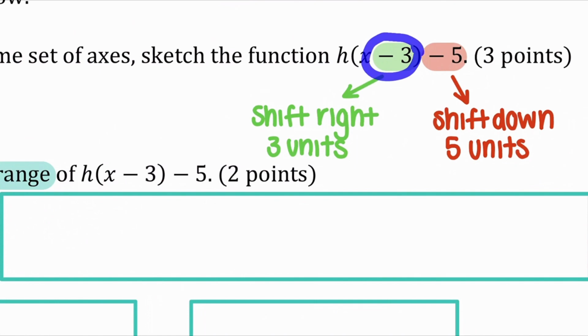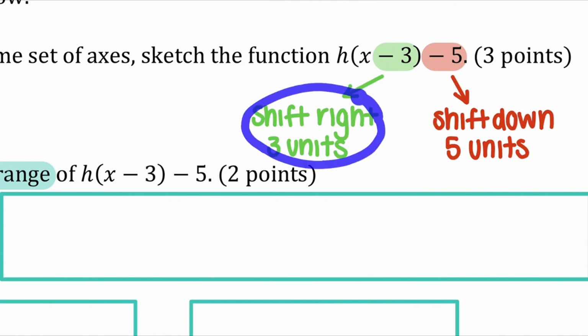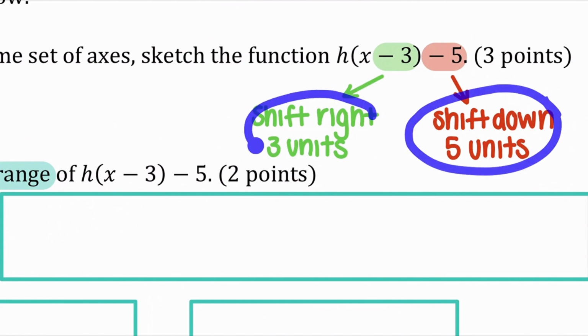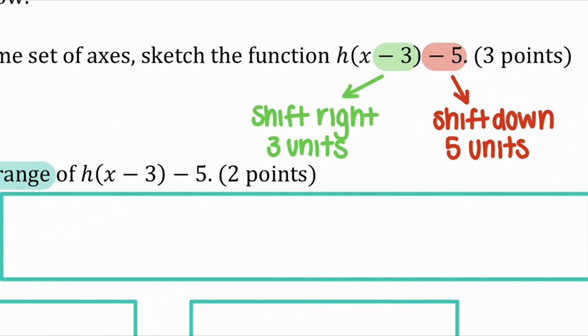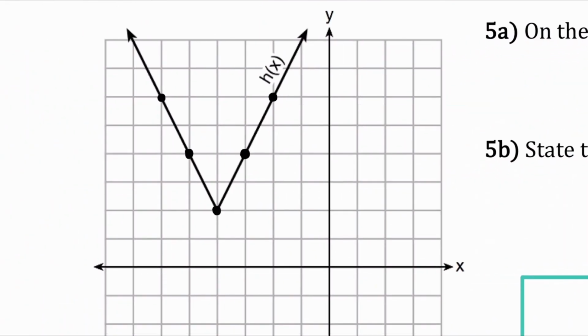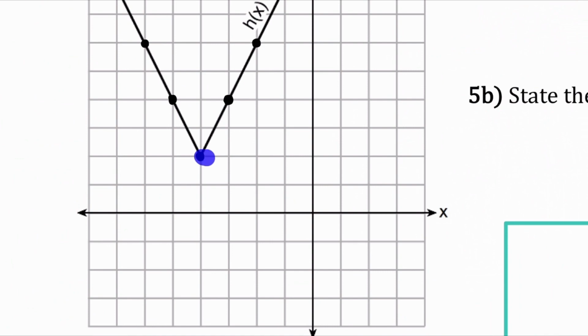Once again, because this is influencing the x values and the y values respectively, it really doesn't matter the order in which we do it, because these transformations do not affect each other. If you want to go down first and then go to the right, it will give us the same exact answer. I'm just going to go right and then down because I already committed.